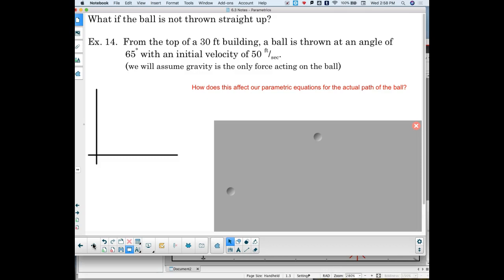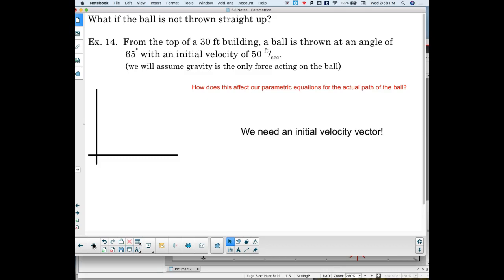Same scenario, but now instead of throwing it vertically, I'm going to throw it straight out. We need to assume here that we've got a velocity vector going on, right? Because when I throw that, I'm throwing it along a vector line.